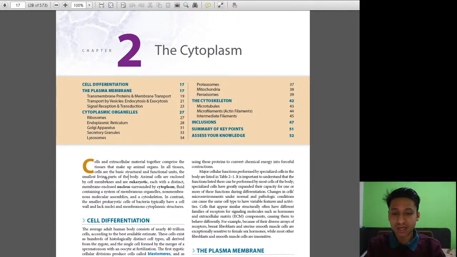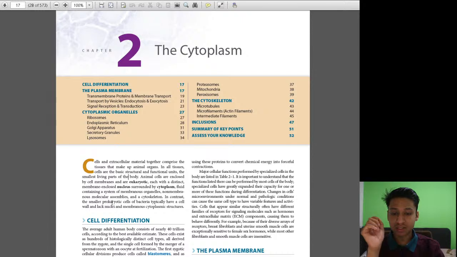Animal cells are enclosed by a cell membrane and are eukaryotes, each with a distinct membrane-enclosed nucleus surrounded by cytoplasm. So a cell has a cell membrane, and in it there is a membrane-enclosed nucleus, and the rest is called cytoplasm, a fluid containing membranous organelles, non-membranous molecular assemblies, and the cytoskeleton.